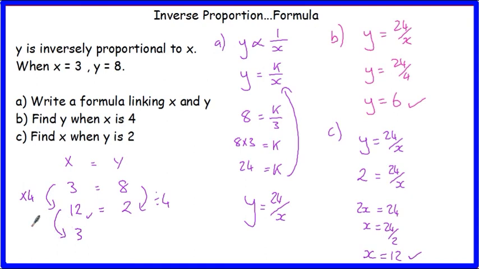That is divided by 4. And when x is 4, divided by 3, you times by 3, and get 6 there, and that was that answer. So again, if there's no squared or cubed there, you can just do this if it doesn't ask you for the formula.